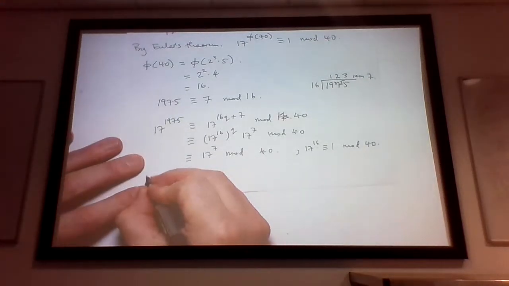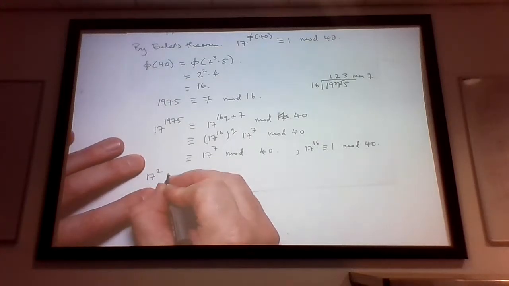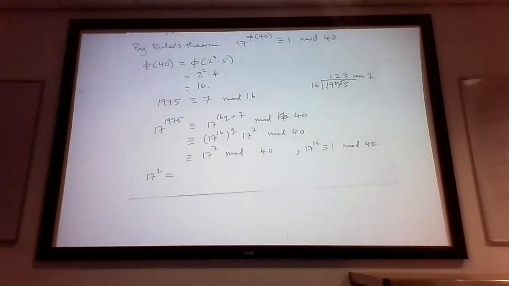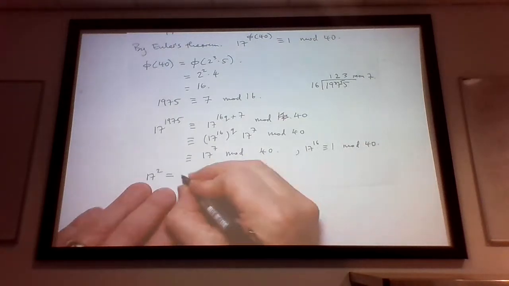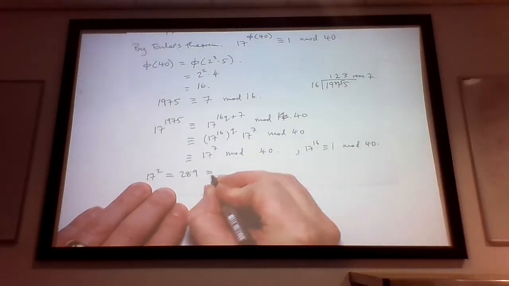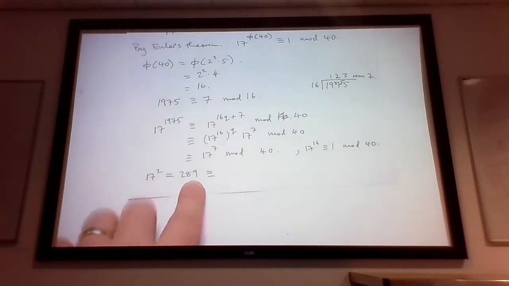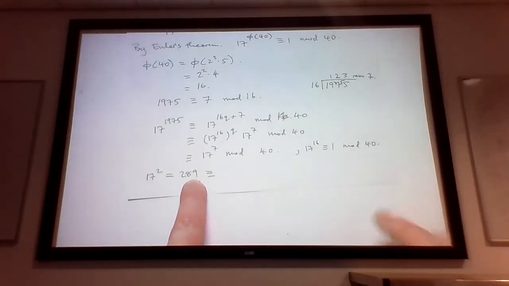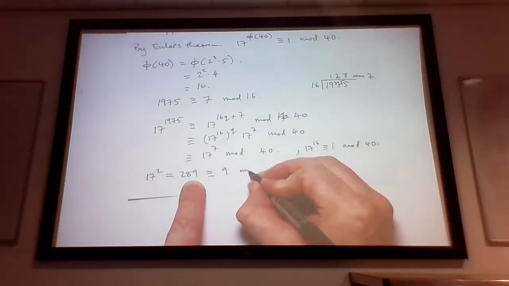We'd have to work out what 17 squared was. It's 170 and 119, 289. Well, what is that congruent to mod 40? 7 times 40 is 280, so that's congruent to 9 mod 40.